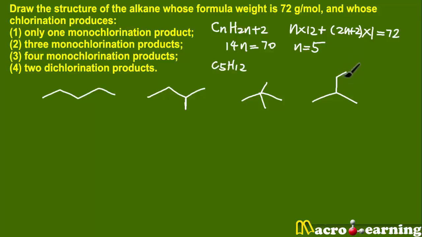Now, like I showed you before in another video, this is not going to be a new structure. It's not a new structure because here you're changing the length of the main chain. It's a 4 carbon main chain once you add the ethyl group to the 3 carbon original main chain.